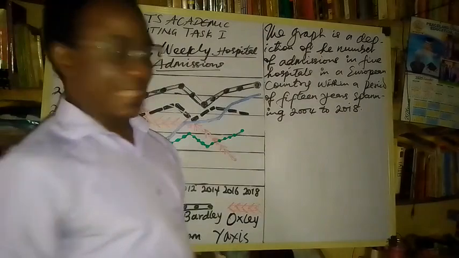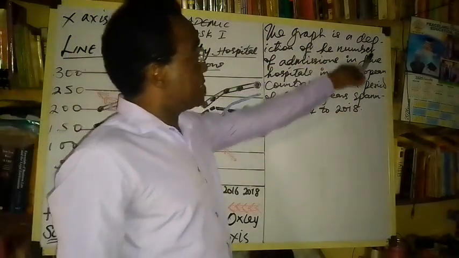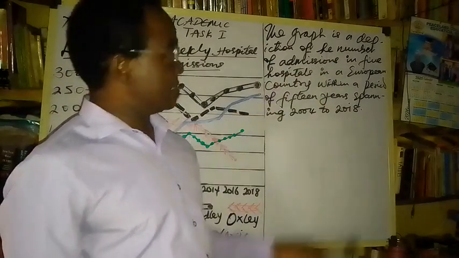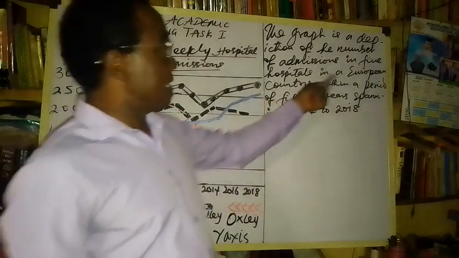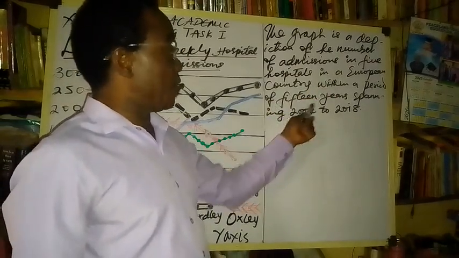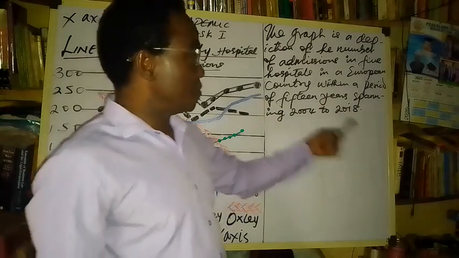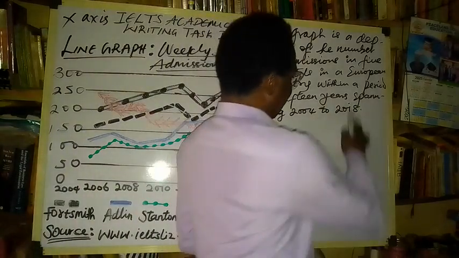Our paraphrase says, the graph is a depiction of the number of admissions in 5 hospitals in a European country within a period of 15 years spanning 2004 to 2018.